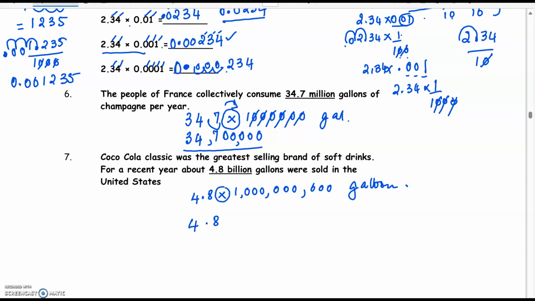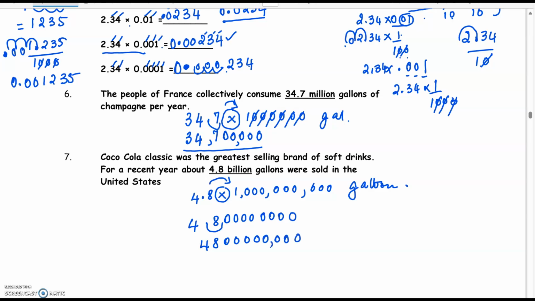Since it's multiplication, you shift the decimal point to the right by 9 decimal place values. Out of the 9, let's say we shift 1, it becomes 48. We have to go 8 more to make it a 9. So add 8 more zeros. 1, 2, 3, 4, 5, 6, 7, 8. So 4, 8, and then 8 zeros.